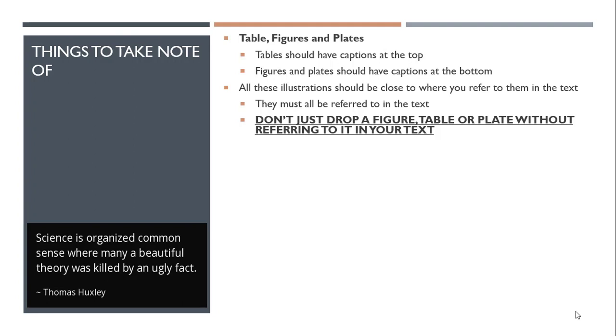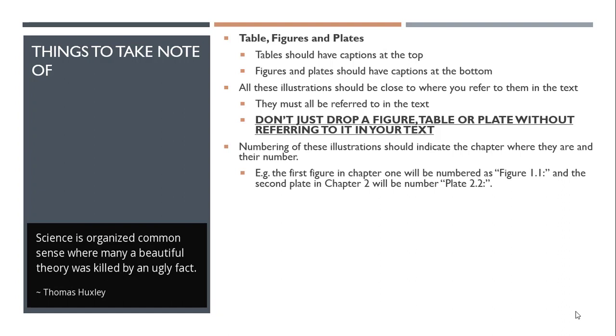It's very important. Table, caption at the top, figures and plates, caption at the bottom, and you must place the illustration very close to where you refer to them or where you discuss them. Don't just table drop or figure drop or plates drop. Talk about them.